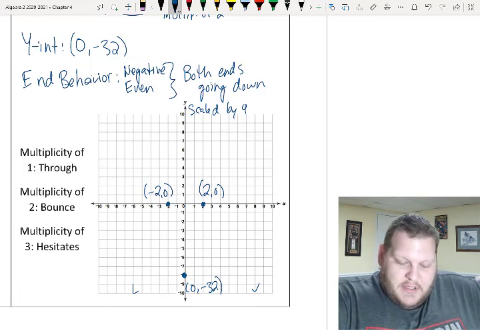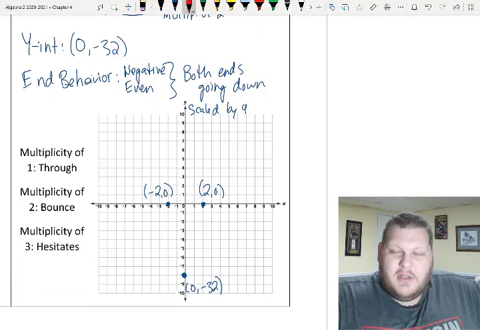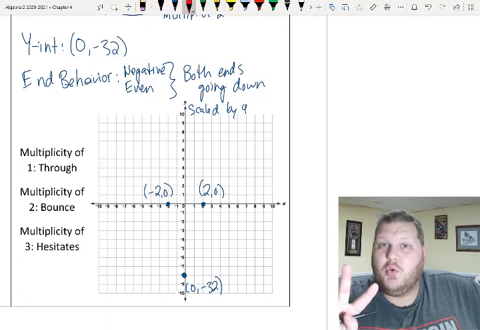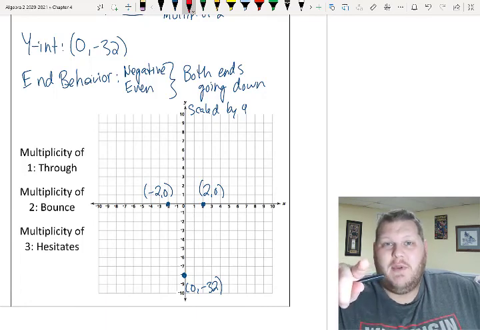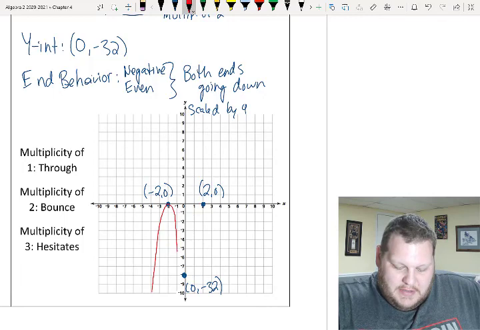So in this case, I'll go ahead and do it in red just to make it look a little bit different. It's going to start down, and because each of those x-intercepts has a multiplicity of 2, that means it's going to approach it from the bottom and bounce. So here I'm going to start from the bottom. It's going to go up and bounce. It has to cross the y-axis at this point.